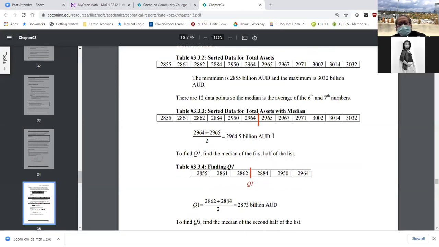To find the first quartile, you need to find the median of the first half, right? 1, 2, 3, 4, 5, 6. So the middle will be these two, so you need to add these two and divide by 2. So it gives you the first quartile. And the median of the other half is this one, so dividing these two by 2 is equal to the third quartile.